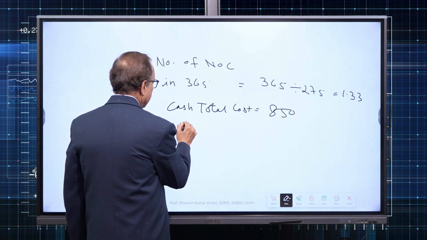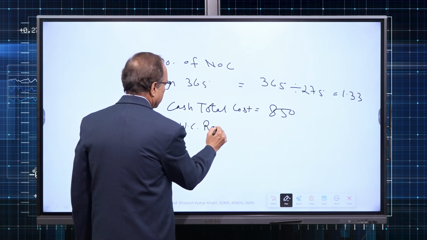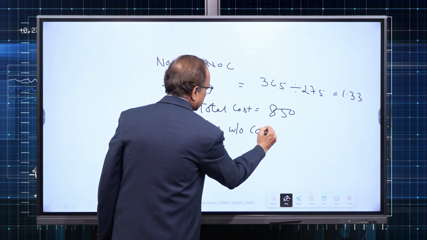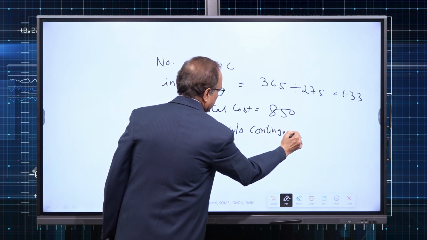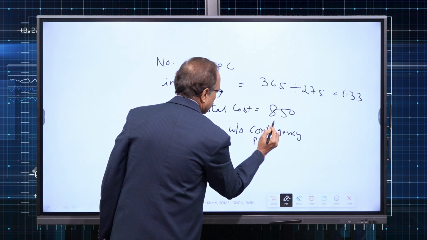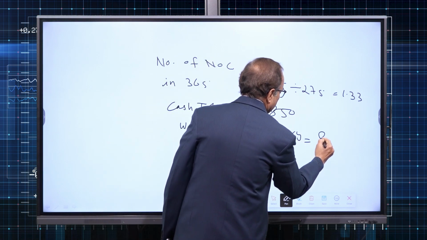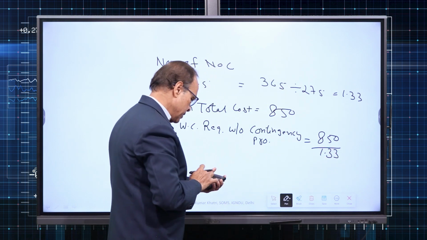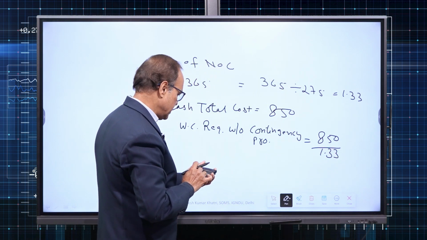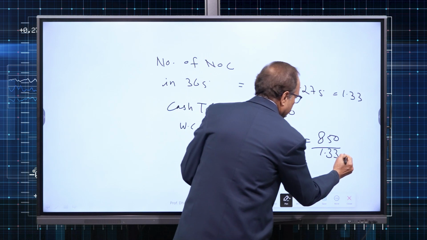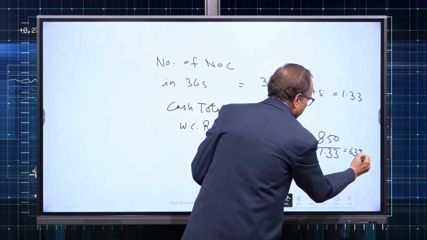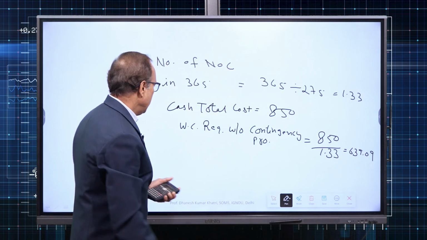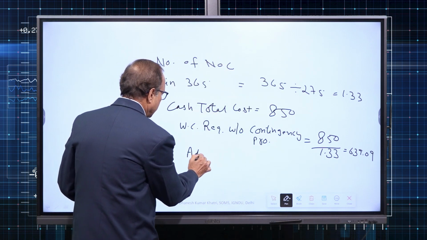Then working capital requirement without contingency provision is equal to 850 divided by number of cycles. So, 850 divided by 1.33, we get 639.09, and to this we will add contingency provision.